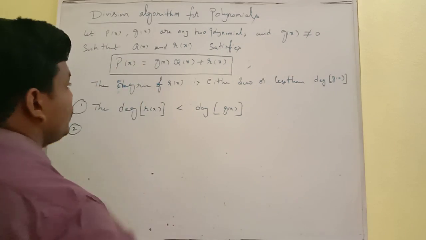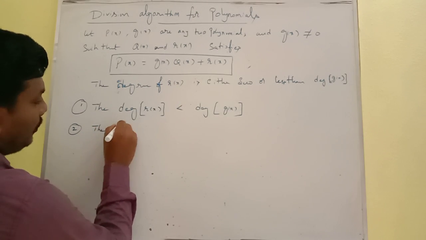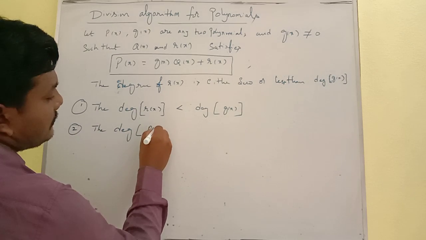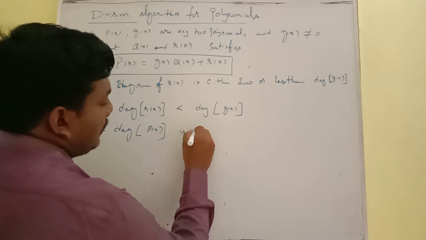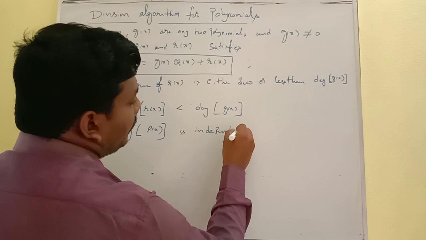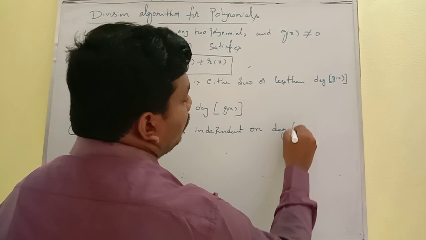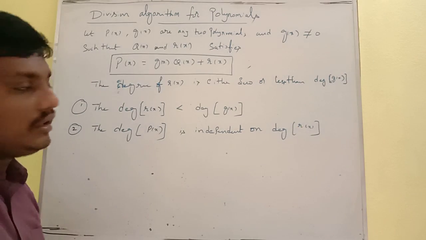So for that reason, I am going to consider one more point: the degree of p of x is independent of the degree of r of x. That means it does not depend on the degree of r of x.